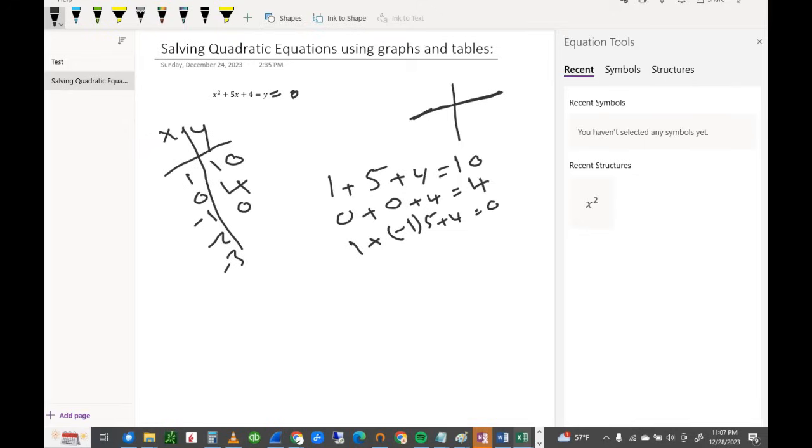So x squared would be minus 2 squared, plus 5 times minus 2, plus 4. That's 4, minus 10, plus 4.